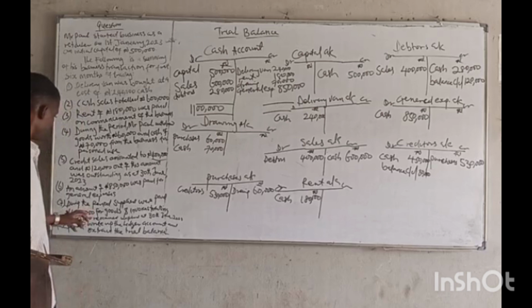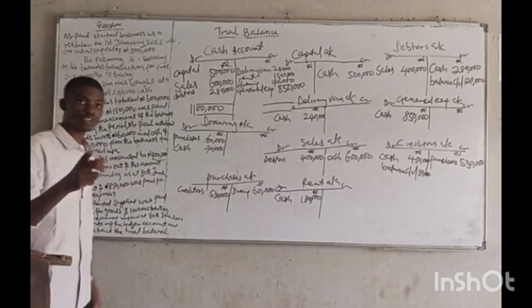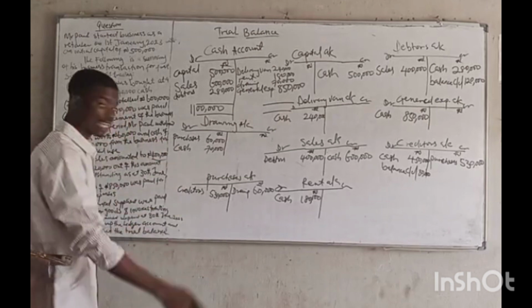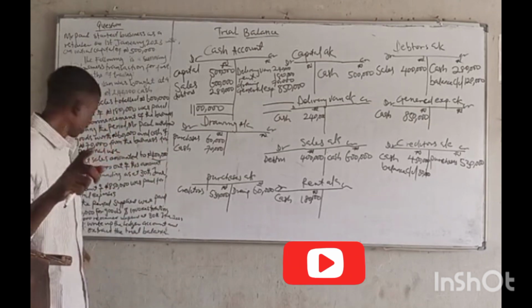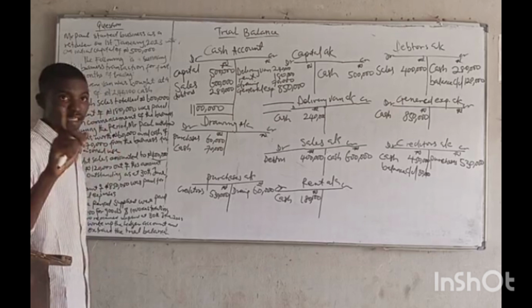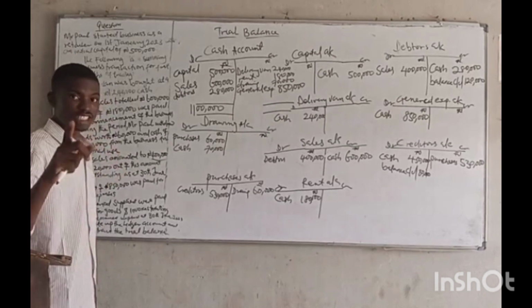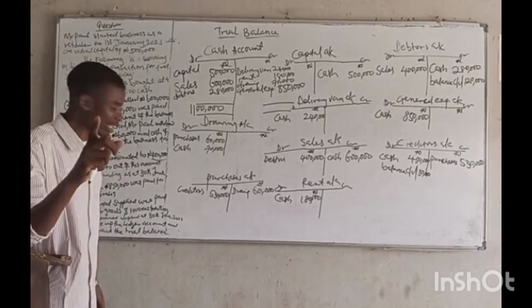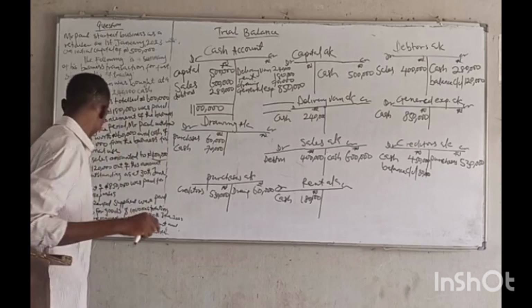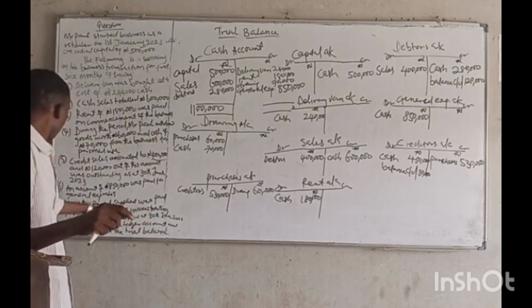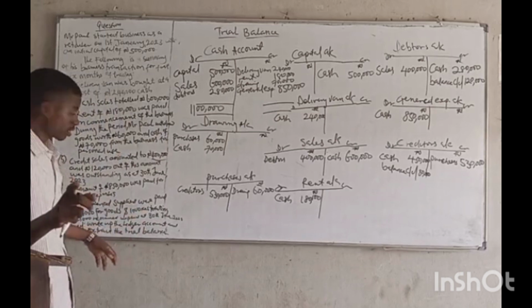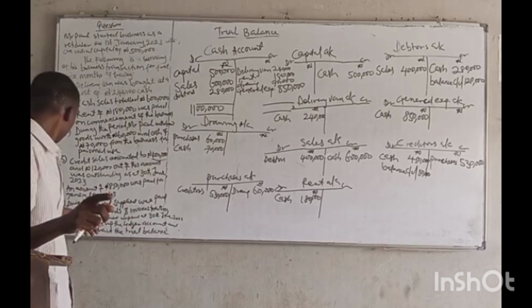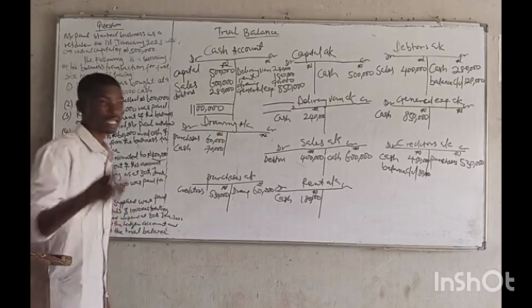It means that the total amount of money that the business is owing to the creditor is the addition of 450,000 naira and the 80,000 naira that remain unpaid, which gives you 530,000 naira. So the two accounts involved here are the suppliers account, which is the creditors account, and the purchases account.